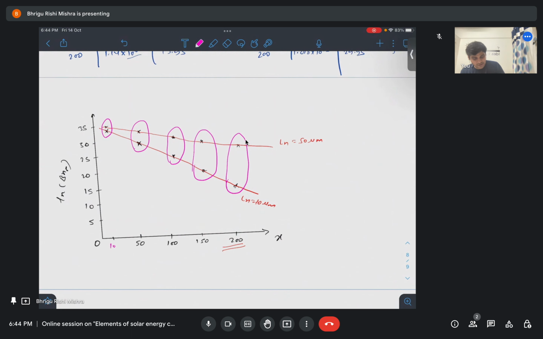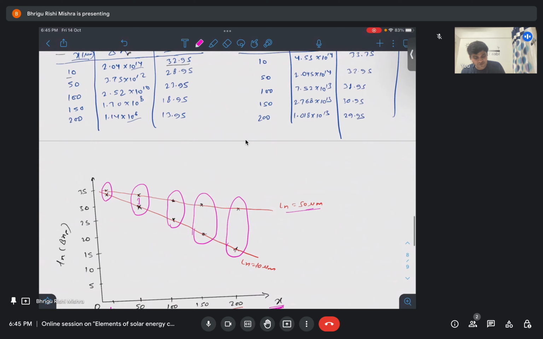As thickness increases, the gap between the two concentrations increases. For 10 micron diffusion length, the concentration decreases quickly with the increase in length. But for 50 micron diffusion, the decrease is not very much, so the slope is very small. That is why at 200 it is close to 30 for 50 micron, whereas for 10 micron it is close to 14. So the difference is a lot.